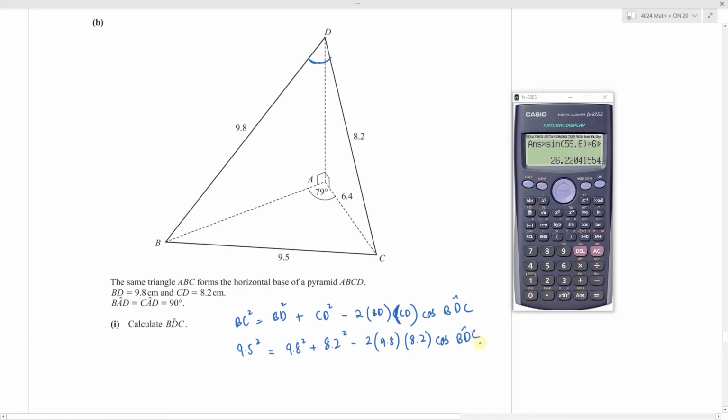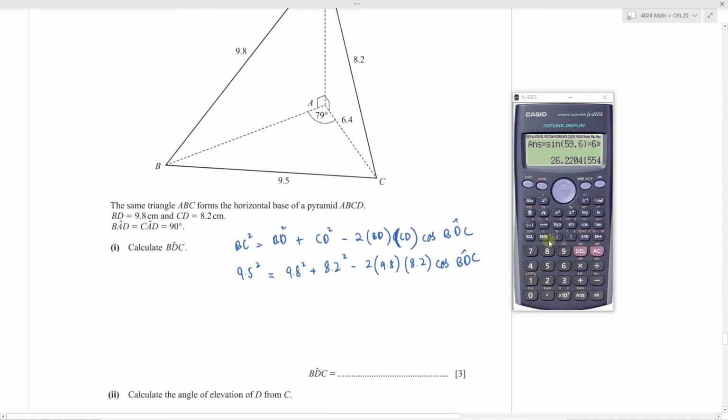So now we can solve this equation and find this angle. So 9.5 square, I'll take this to the other side. So minus 9.8 square minus 8.2 square.